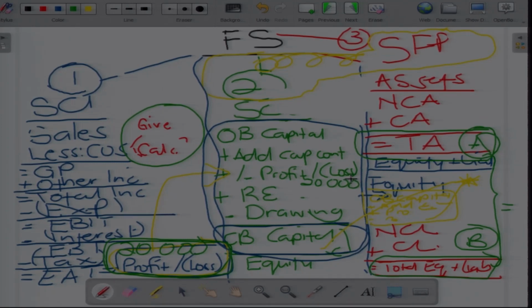Then you will do this part, but you can do this part in the statement, meaning that you don't have to do this statement. You basically just take this part and do it in the statement of financial position.